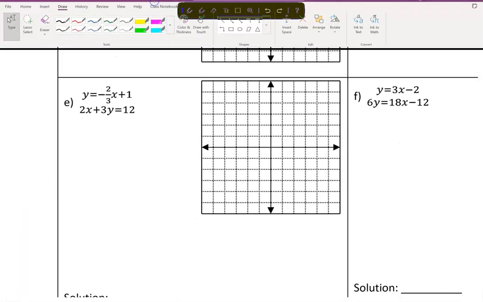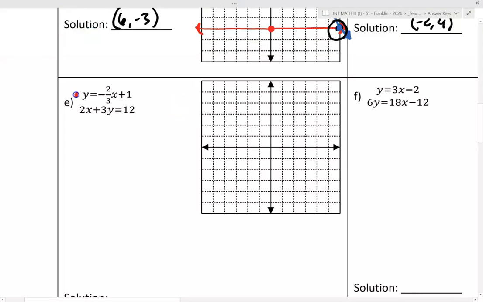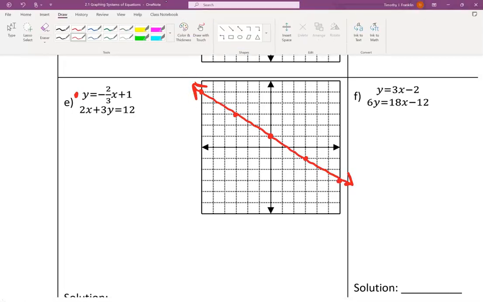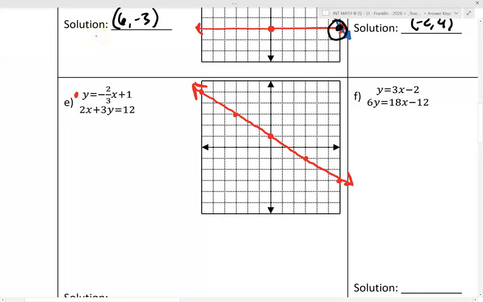All right, the next problem here, example E, we've got y equals negative 2/3 x plus 1. So start at 1 on the y-axis. Then we'll go down to right 3, or up to left 3. Always good to go backwards, especially when you're graphing to solve a system. It's a good idea to go all the way across the graph as far as you can.